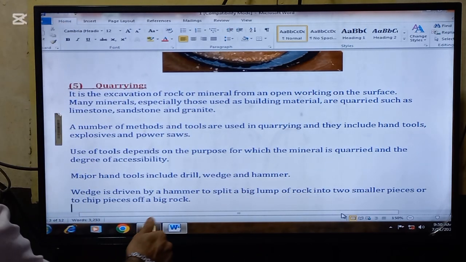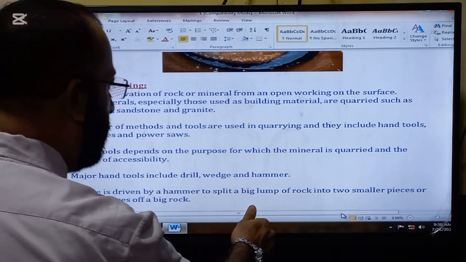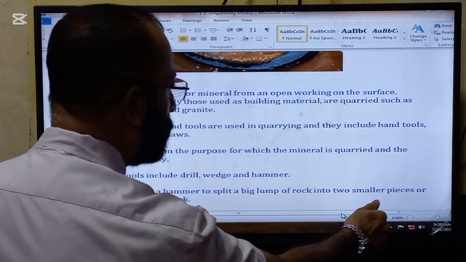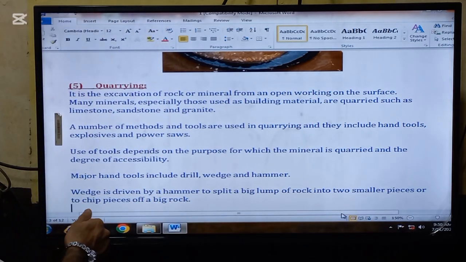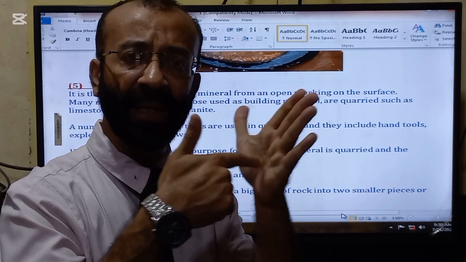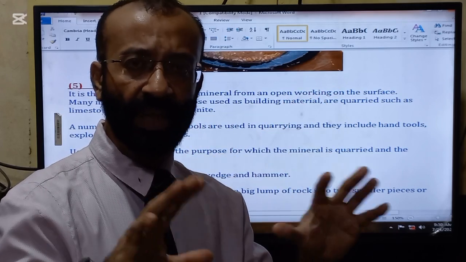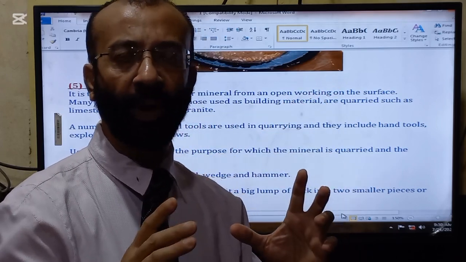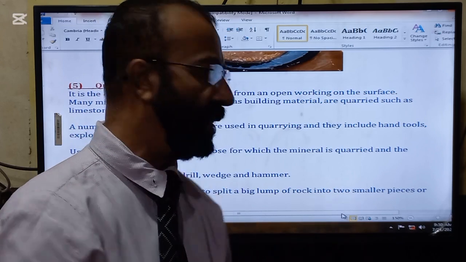A wedge is driven by a hammer to split a big lump of rock into two smaller pieces or to chip pieces off a big rock. So a wedge is like a drill machine that is used like this. So this is the most advanced form of the drill machine.